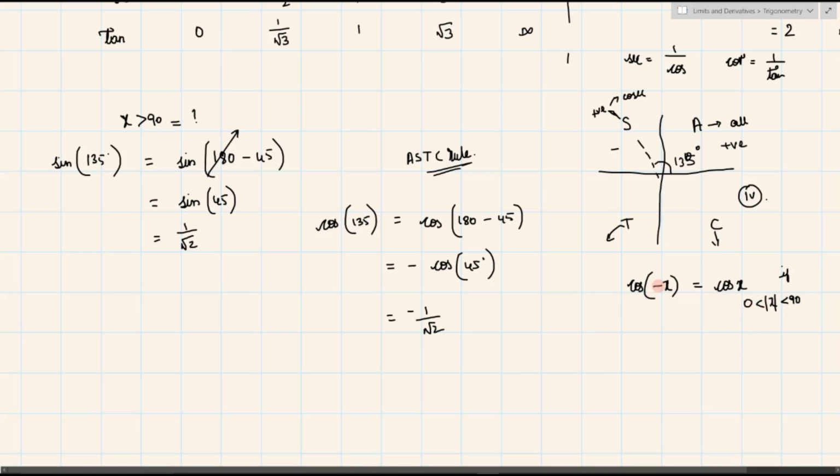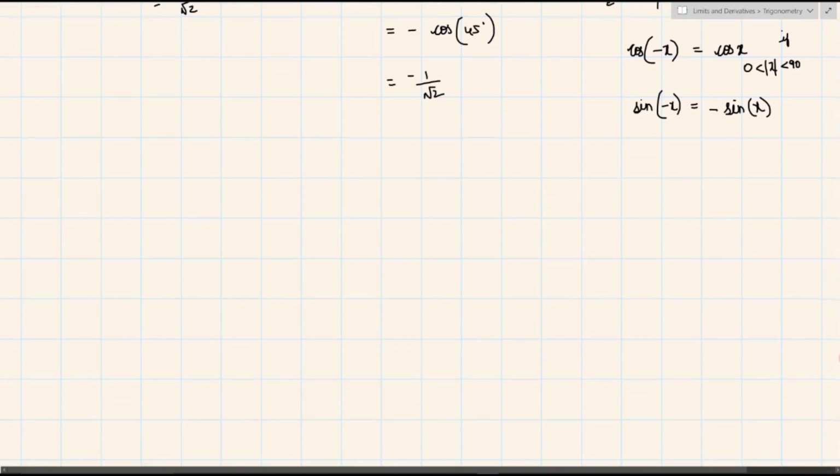Also, minus x is nothing but measuring in the clockwise direction, that would be negative. So this would be the usual positive measurement angle, and this would be the negative measuring angle. Similarly, if we want to write sine of minus x, that would be nothing but minus sine x, because sine would be negative in the fourth quadrant.